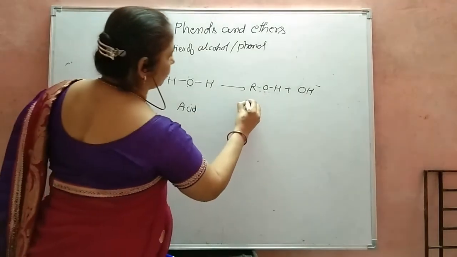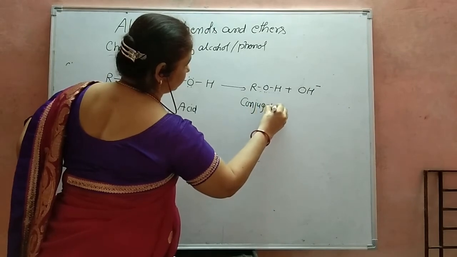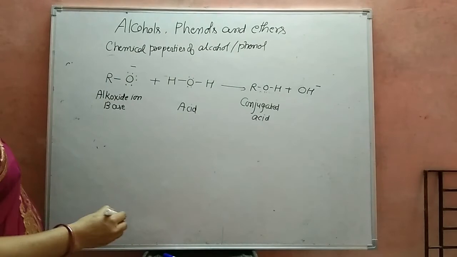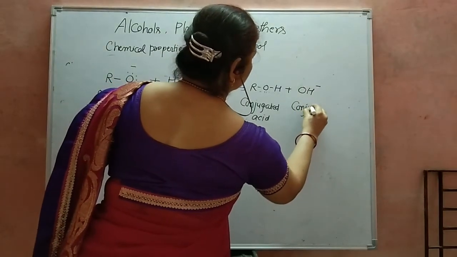Now this ROH acts as a conjugate acid and this OH negative ion acts as a conjugate base.